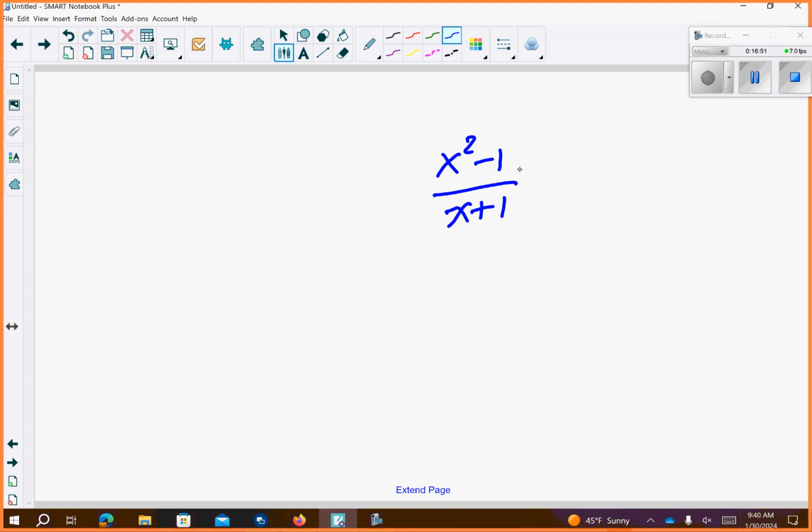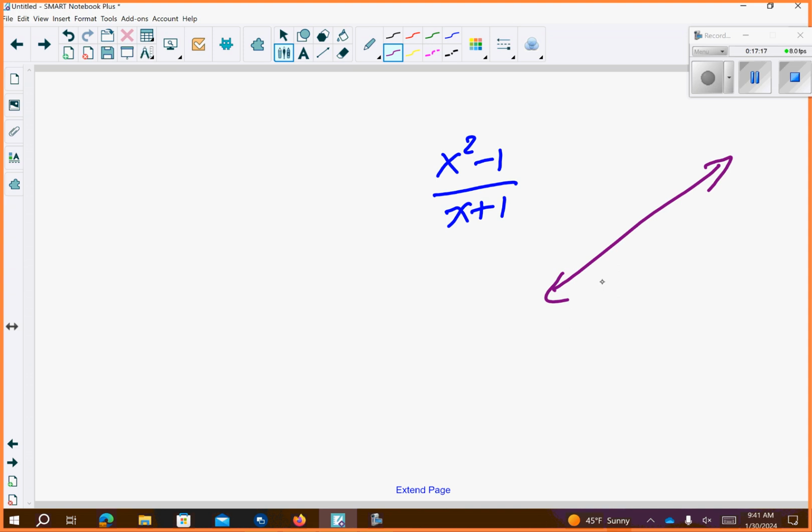Your graph comes out to a straight line, so something happened. The reason it's a straight line is that it's basically graphing the line x minus 1, because you are able to cancel out. So watch out for a hole.